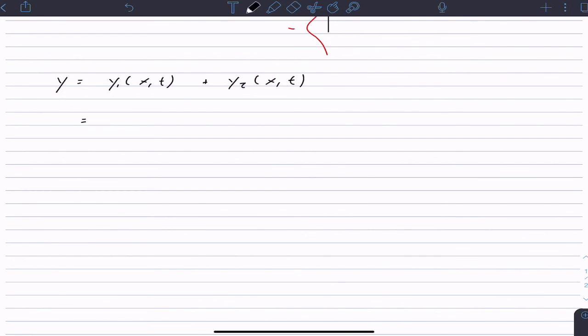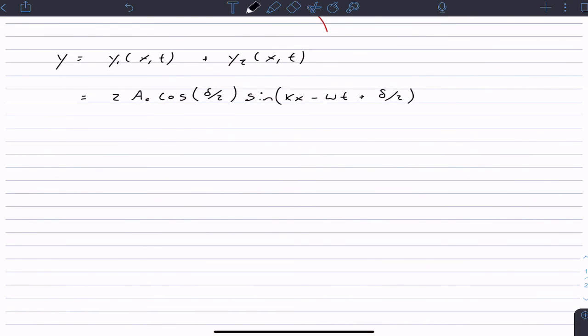Essentially, what you end up with is something like this: 2 times the amplitude, we'll call this A naught, times cosine of delta over 2, where delta is our phase shift, times sine of kx minus omega t plus delta over 2. Again, where delta is the phase shift.